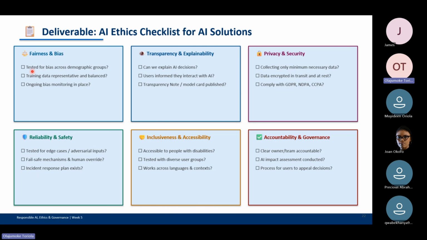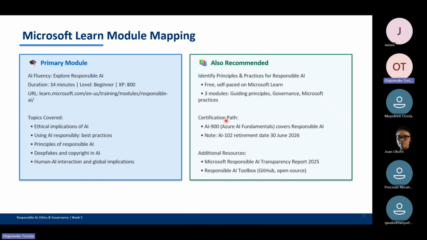You're going to explain that you've tested it across demographics, training data representation and balance, and ongoing monitoring. For transparency too: can it explain its decisions? Is the user informed, and can they interact with the AI? All of these are things I expect to be included in your presentation. So that will be all the takeaway.